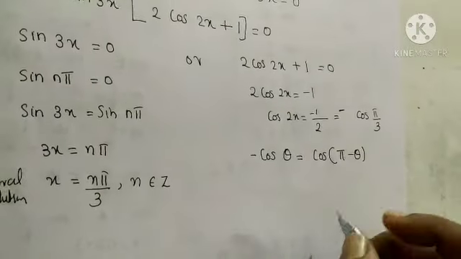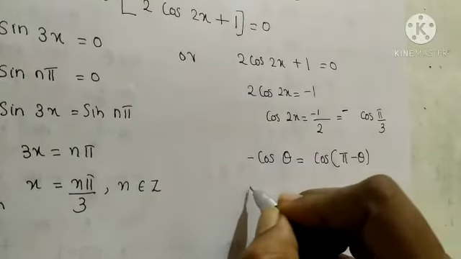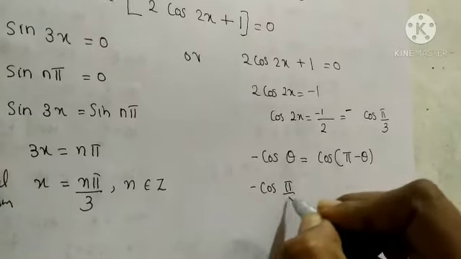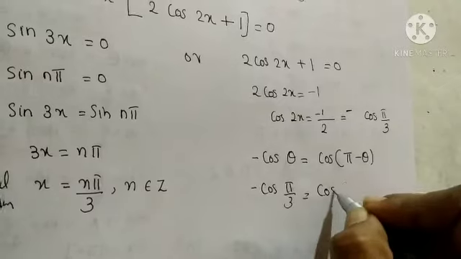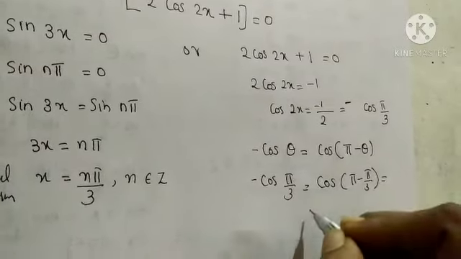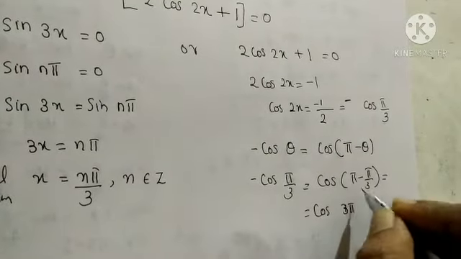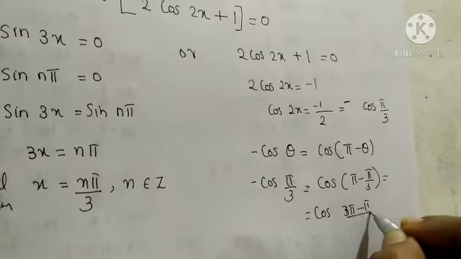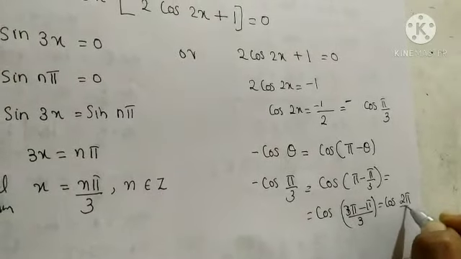Replacing theta by pi by 3, minus cos pi by 3 can also be written as cos (pi minus pi by 3), which equals cos of (3 pi minus pi) by 3, or cos 2 pi by 3.